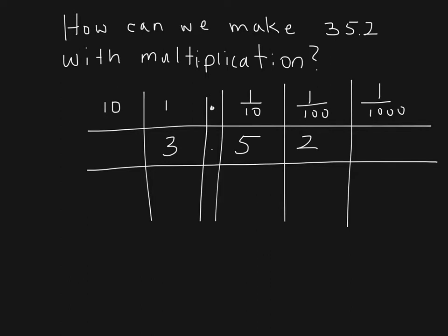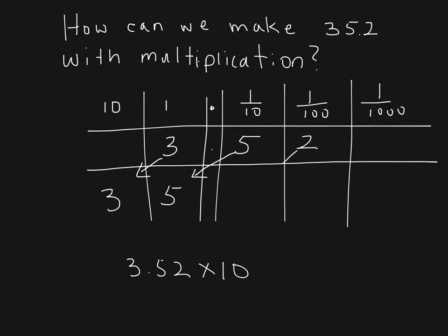Here's one way you could do it. You could take 3 and 52/100 and multiply that by 10. Every time I multiply by a 10, every digit moves one place to the left. So if I multiply 3 by 10, I will get 30. If I multiply 5/10 by 10, I will get 5 ones.